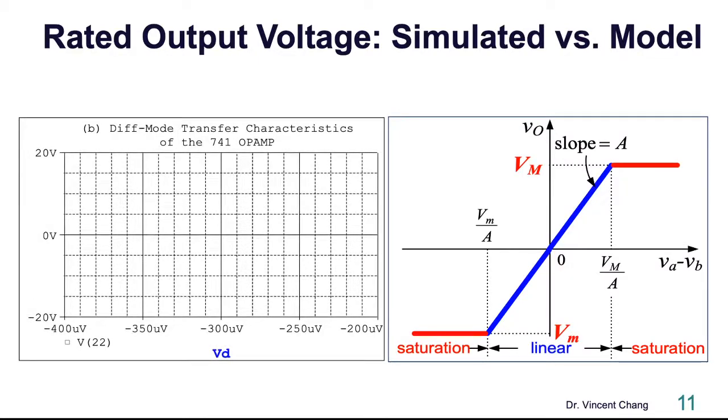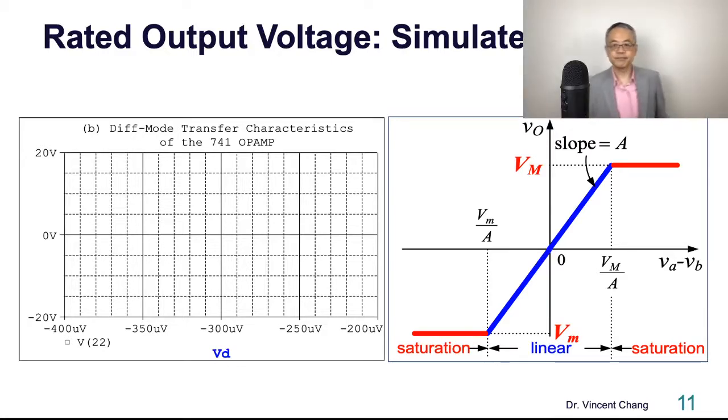Let's try to simulate and ask the computer to do this. Just pay attention to the scale. On the horizontal is the microvolt. 400 microvolt is very, very tiny. It's very, very small. But the vertical is negative 20 to 20 volt.